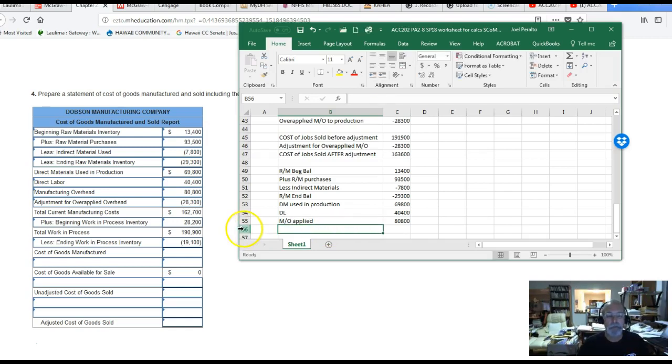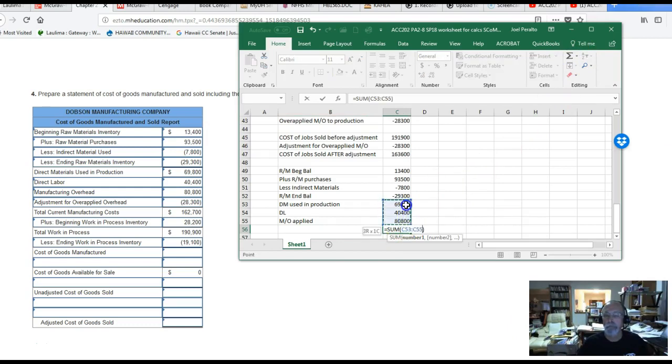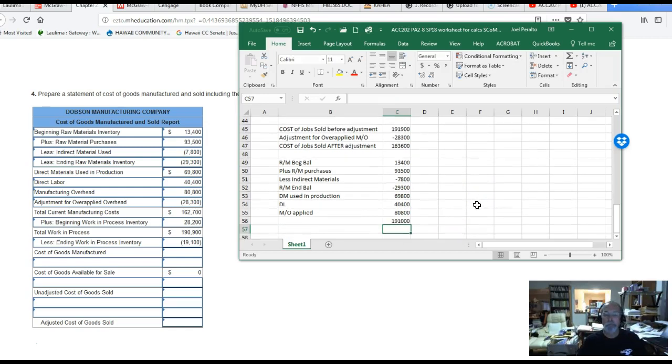And I'm going to go right down to get a total here. So we got 69.8 plus 40,400 plus 80,800, 191.